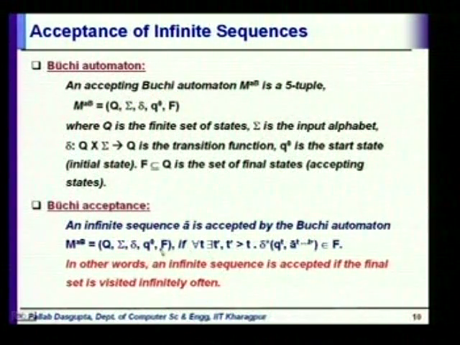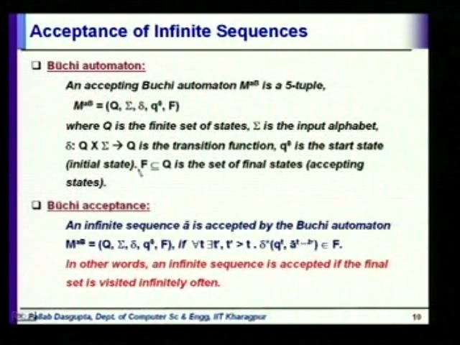So F is the set of accepting states. The trace, that is, the states that are visited by virtue of the infinite input sequence A, must contain states belonging to F infinitely often.